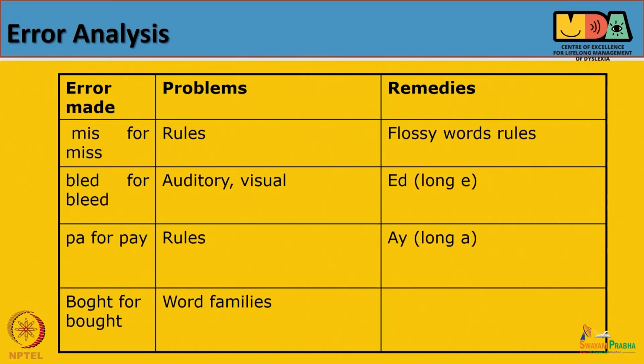Finally, an example of the child's error could be bought, B-O-G-H-T, for bought, B-O-U-G-H-T. The best way to correct this error is to teach him word families and give him some way to identify the fact that O, U and G, H can become a word family of its own. So let's give it a mnemonic.